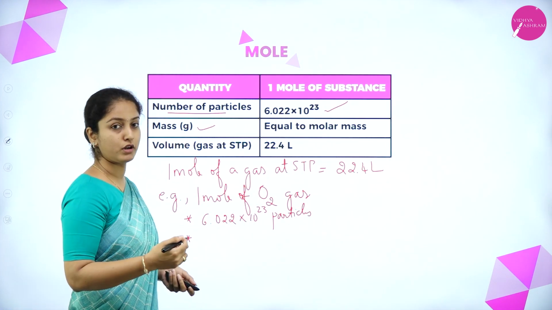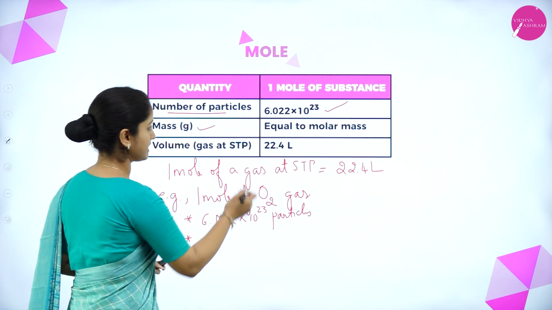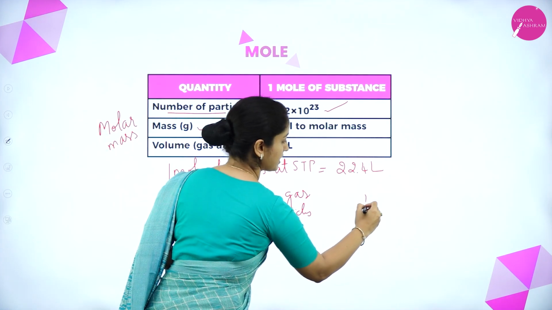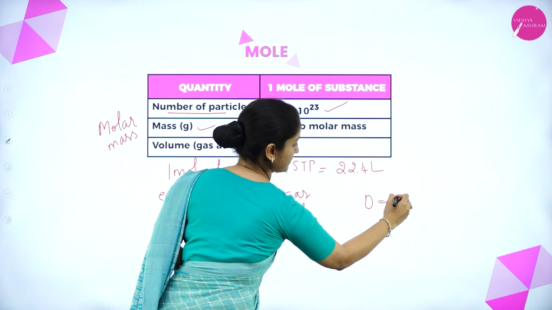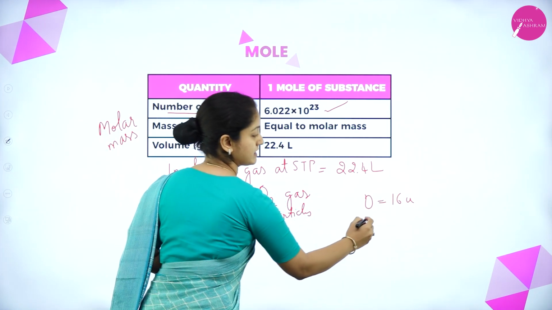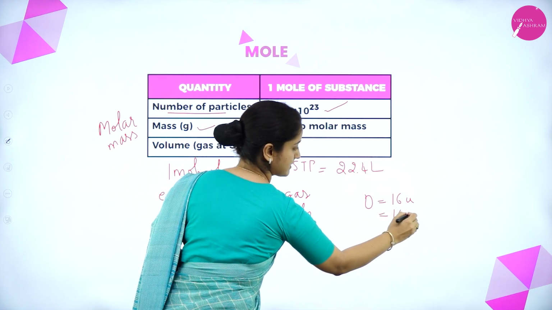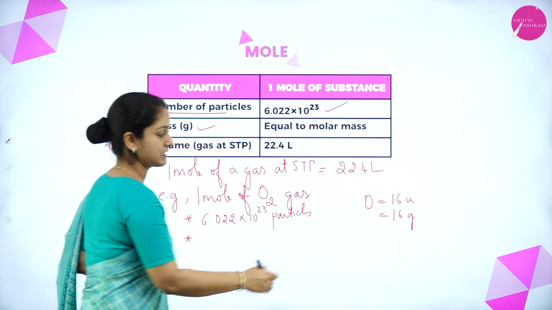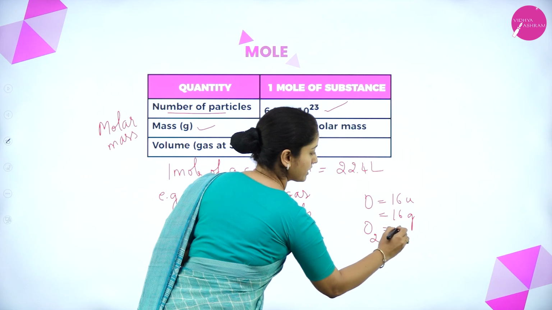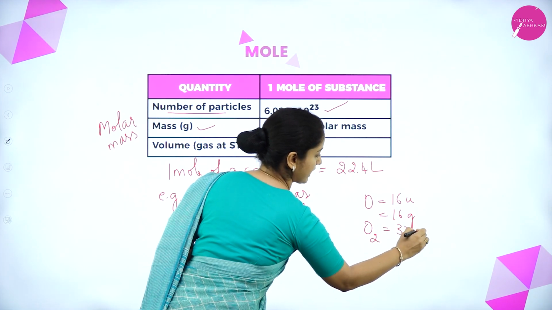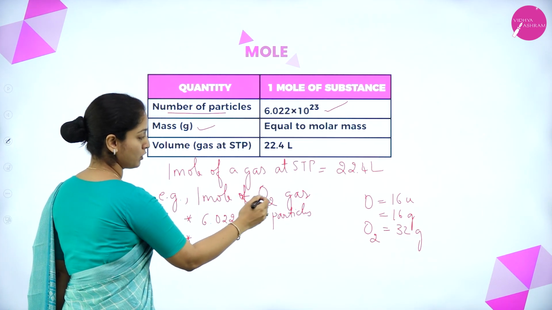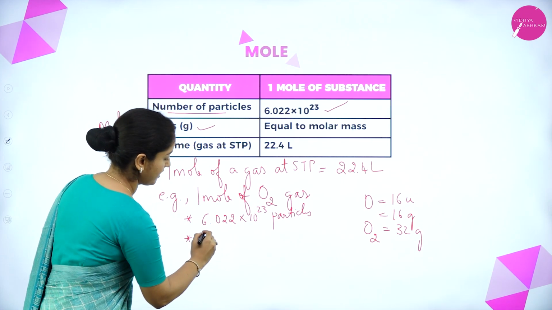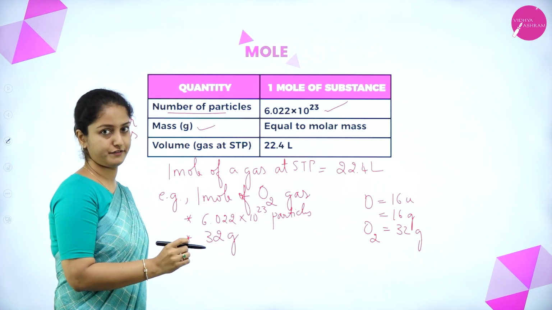Also, what if it is expressed in mass, that is molar mass? Atomic mass of oxygen is 16 u. If it is expressed in grams, it is 16 grams. Since it is a molecular formula, O2, it would be 32 grams. Therefore, 1 mole of oxygen gas would contain 32 grams of the substance.